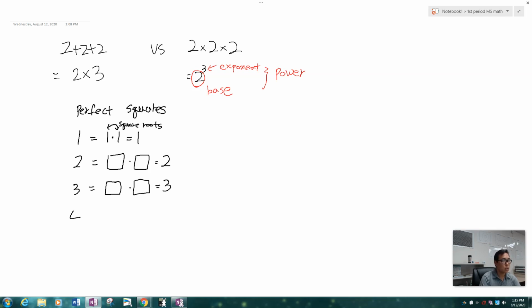All right, is 4 a perfect square? 4 is a perfect square because I can find the two whole numbers or integers. 2 times 2 is 4.